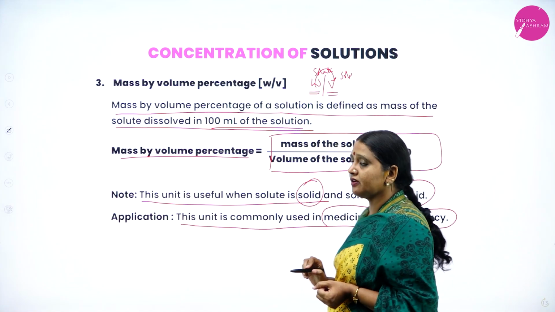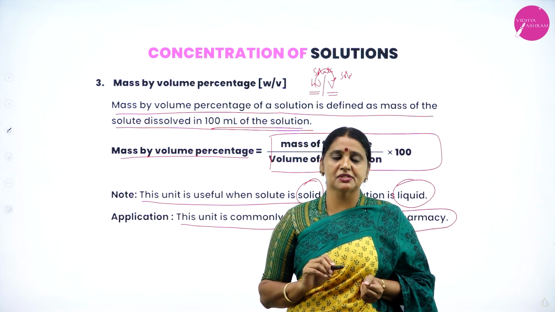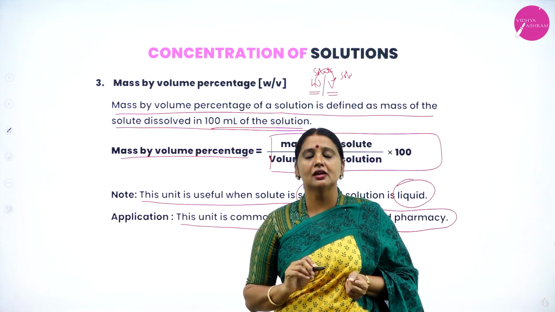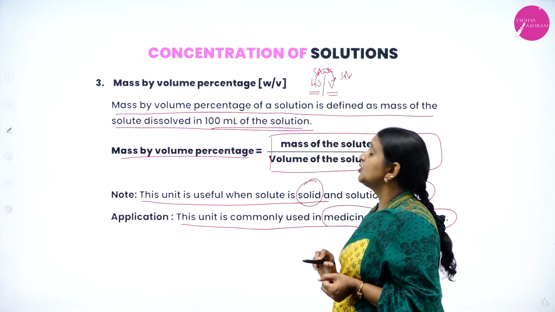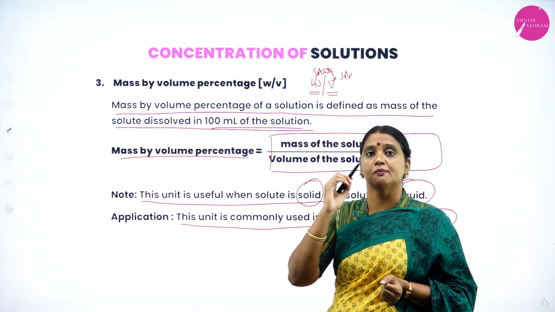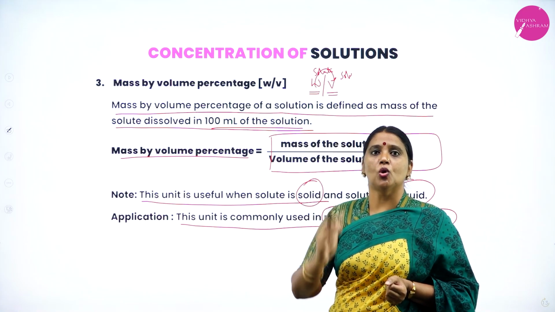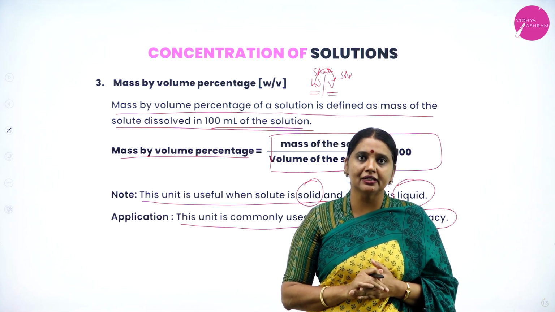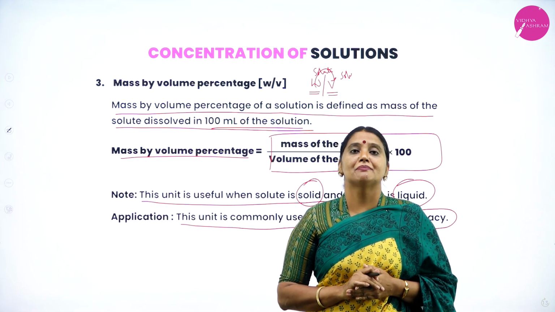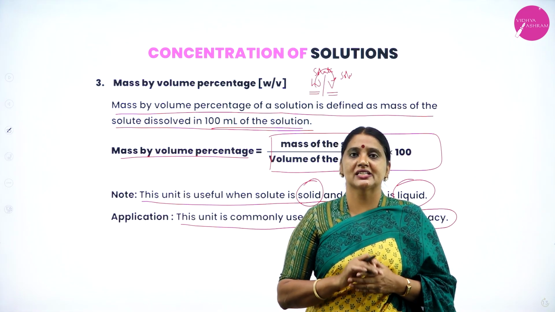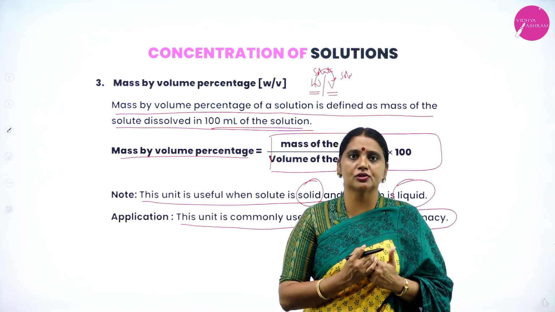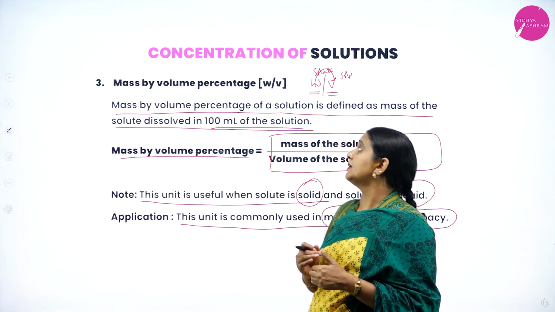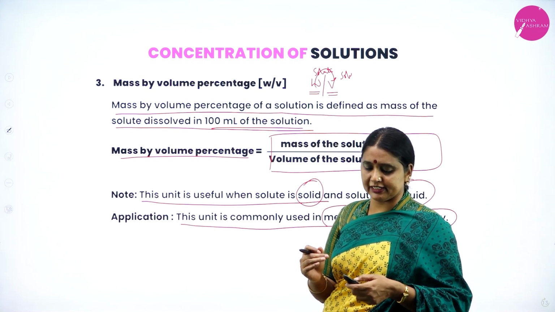The concentration of medicines, tonics, syrups can be expressed using the unit mass by volume percentage. It is very important to remember that. My dear students, the concentration of medicines, that is tonic, syrup, the different medicines we use today, can be expressed by mass by volume percentage.